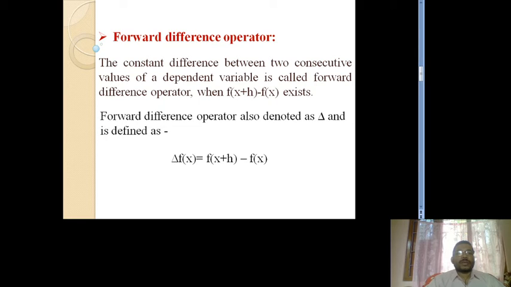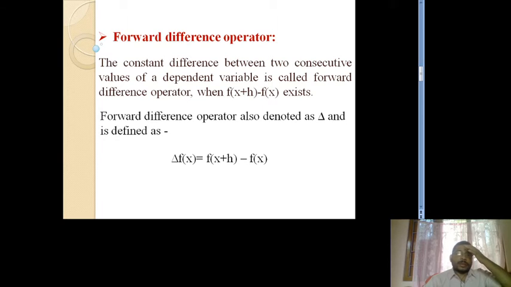Then forward difference operator. The constant difference between two consecutive values of a dependent variable is called the forward difference operator, subject to the condition that f of x plus h minus f of x exists. That is, in the forward difference operator the difference will be taken from the succeeding value to the preceding value of the arguments, of the entries.